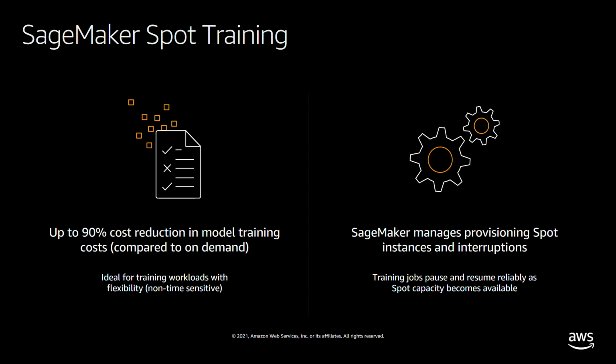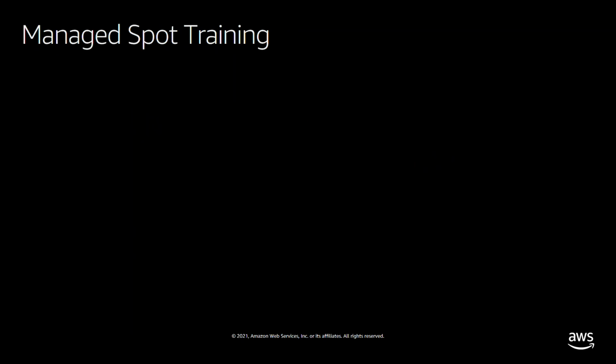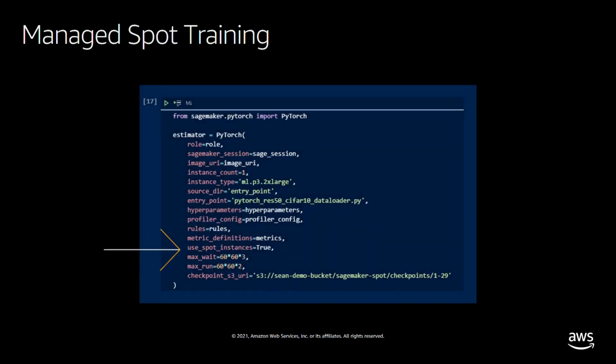If you're interested in getting started with Spot instances, you may have to set up a job queue as well as the Spot fleet requests and manage timeouts and things like that. Alternatively, you can leverage Spot training in SageMaker just by changing one input parameter.